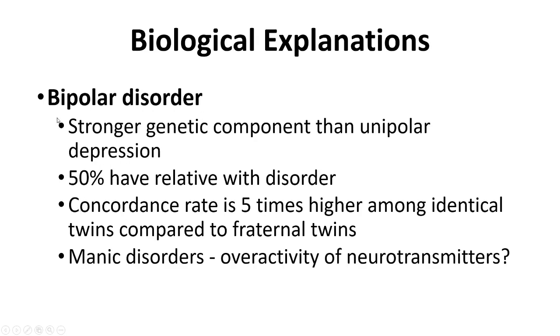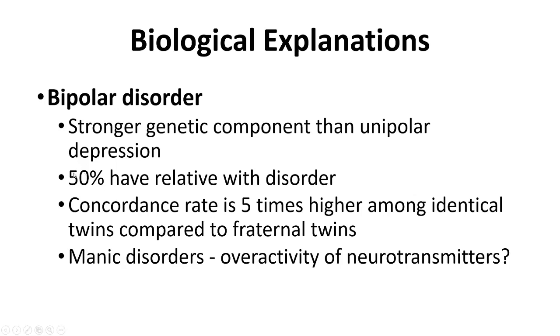When we look at the same idea, but for bipolar disorder, it has a much stronger genetic component than just depression, which is really interesting. So there's a lot higher concordance rate between identical twins when you're looking at bipolar disorder versus just depression or monopolar depression.